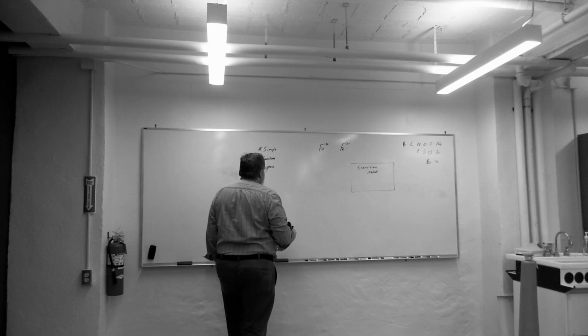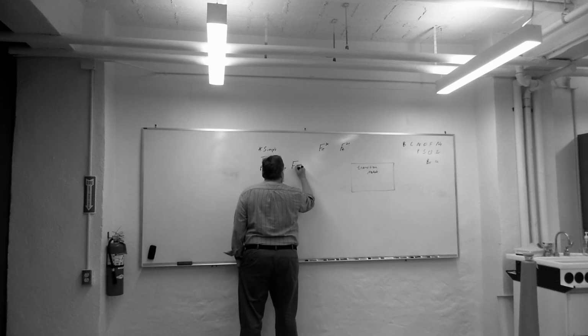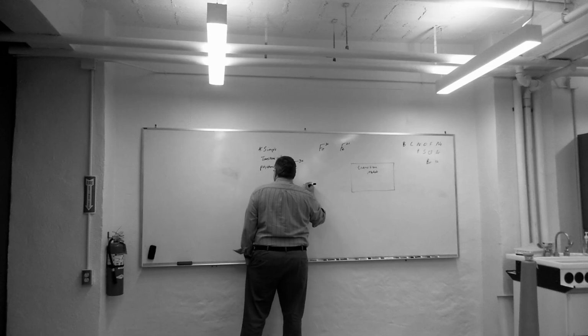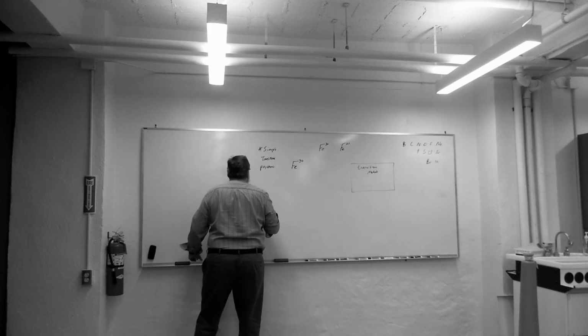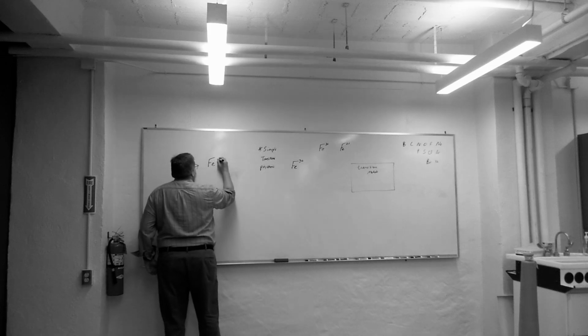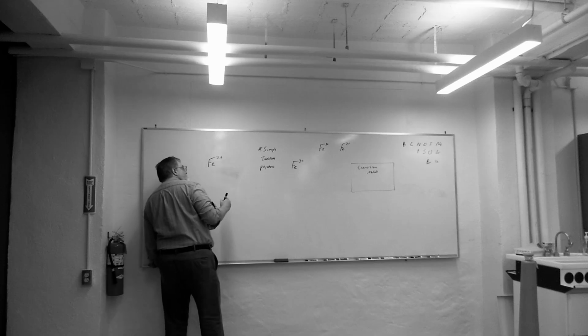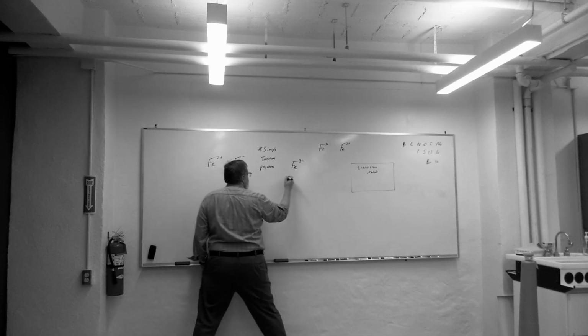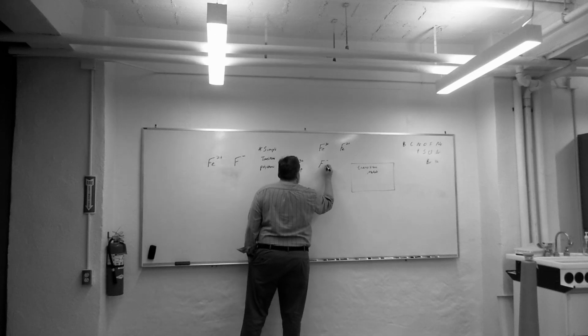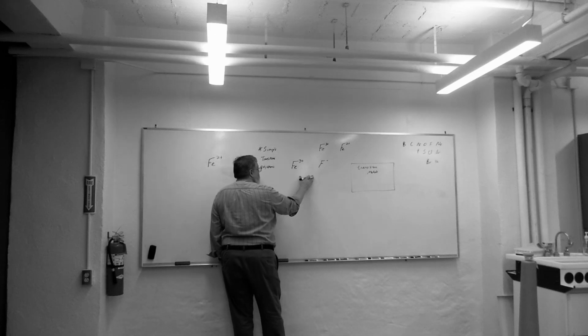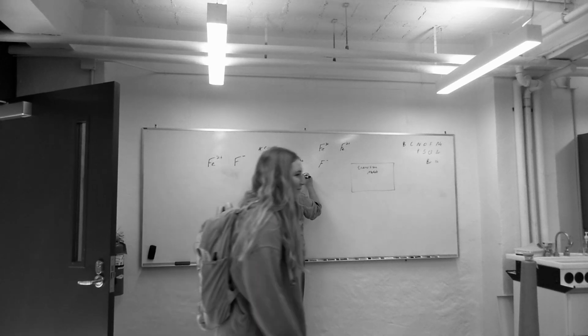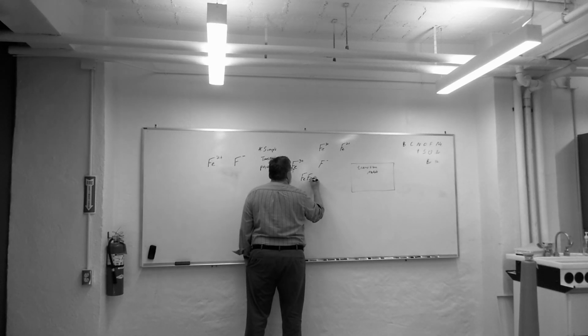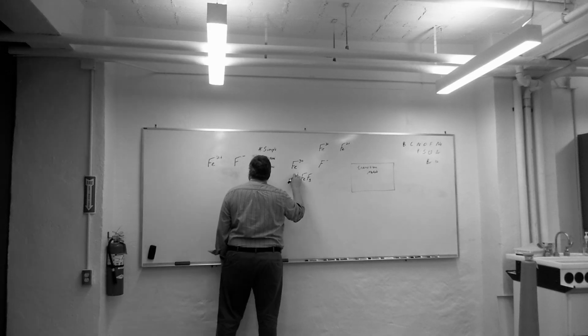So if I said Fe2+, and let's say I add fluorine, which is -1. So what's the formula going to be here? Three. So you need 3 of these to balance that charge.